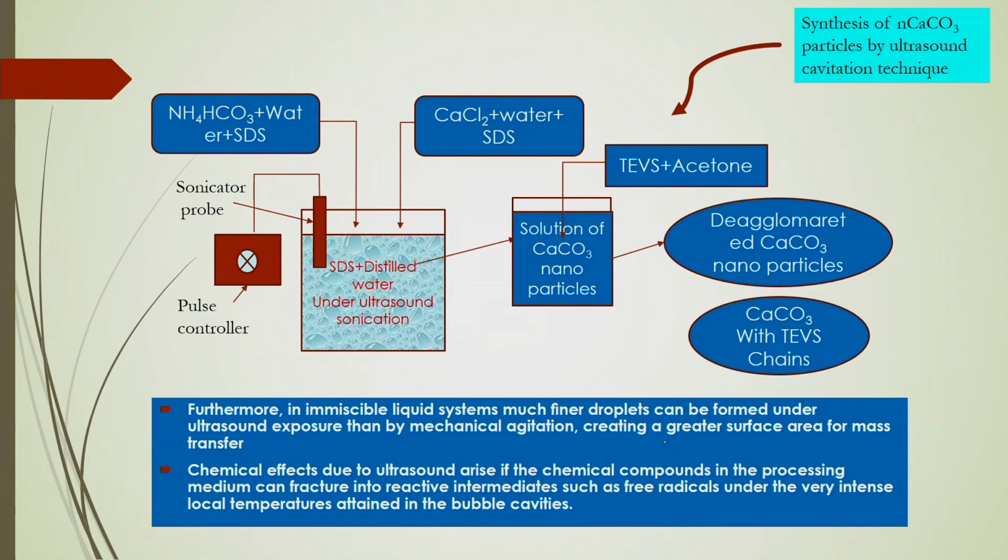After this sonication reaction, a solution of calcium carbonate nanoparticles is produced, and if you mix some TEVS and acetone into that solution, you get agglomeration, and then you have to de-agglomerate to get calcium carbonate with TEVS chains. In this way, you can do reactions in this ultrasound environment.